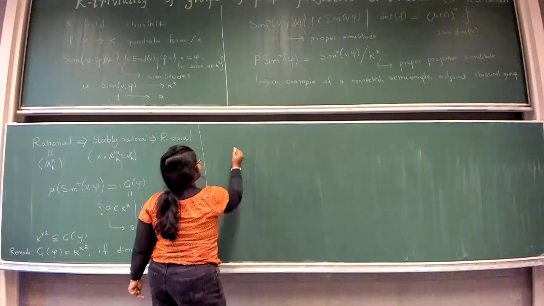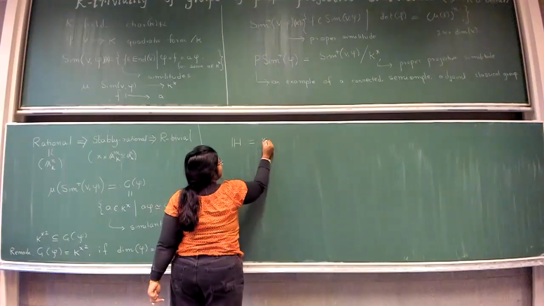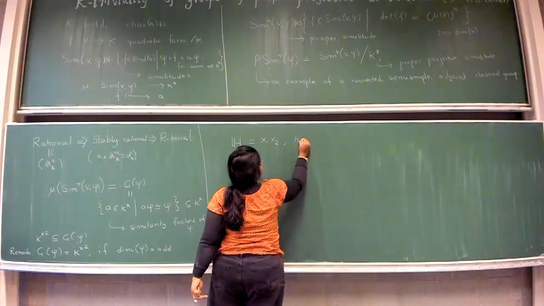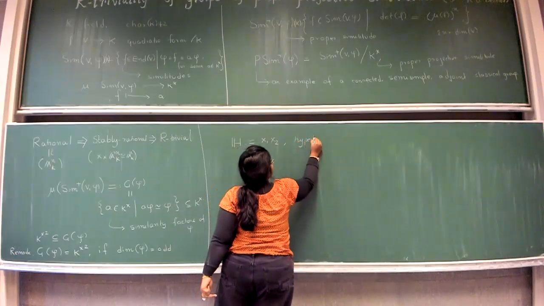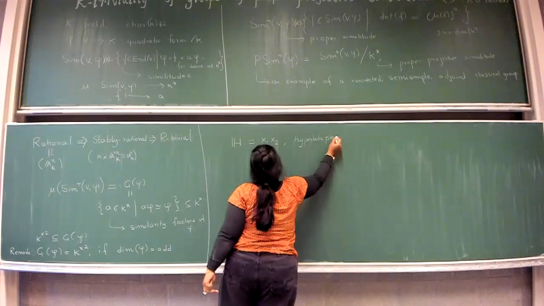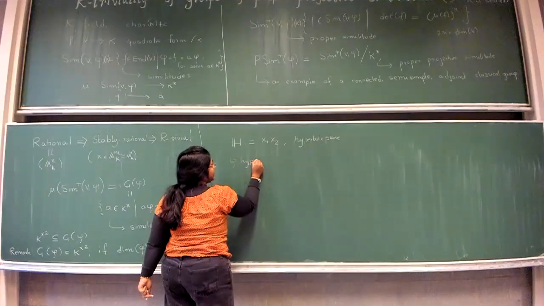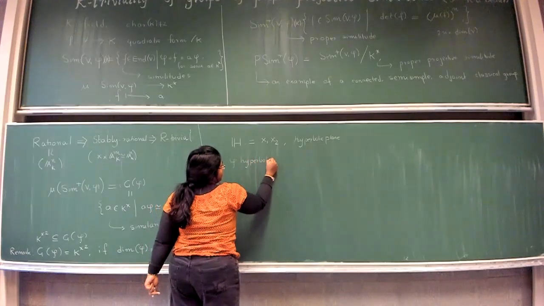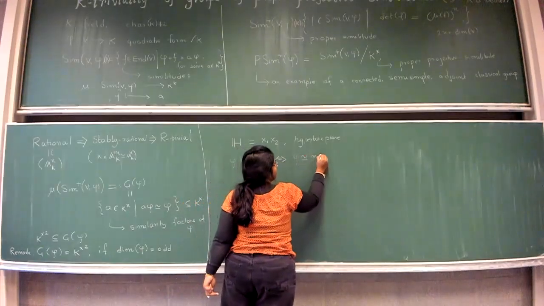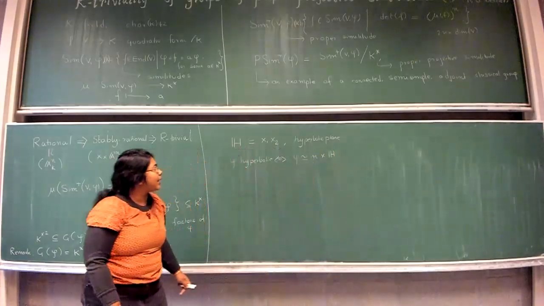Now I just want to introduce another notion, that is hyperbolic. This is the hyperbolic plane. Any form is called hyperbolic if it is isometric to some n copies of this hyperbolic plane.